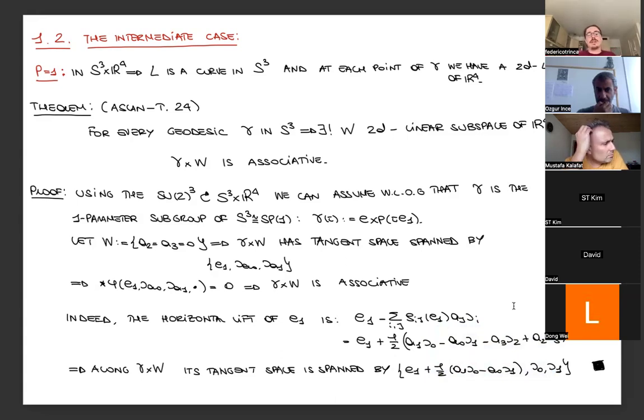So now you can just look at the formula for phi and convince yourself that star phi restricted to these three elements is going to give you 0. Any questions on this proof?